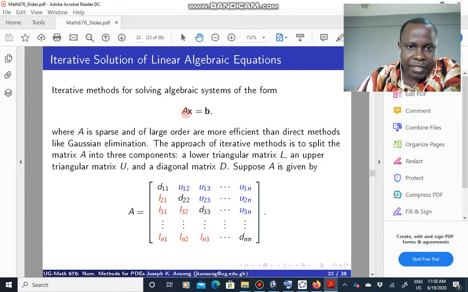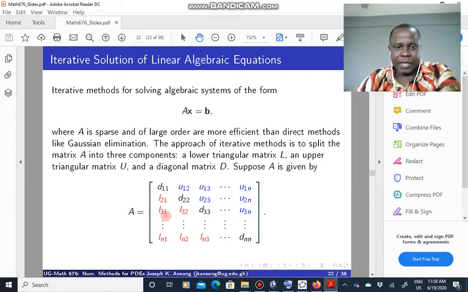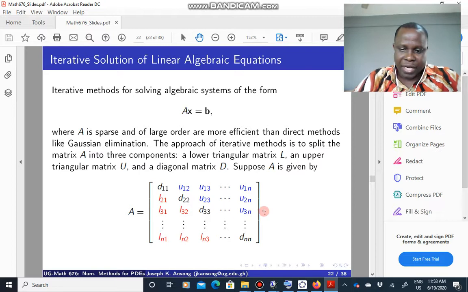So the idea is that the coefficient matrix here, you rewrite it to be a sum of the lower triangular matrix, the red entries here, plus the diagonal elements, plus the upper triangular elements. Okay, so A is split into that form.